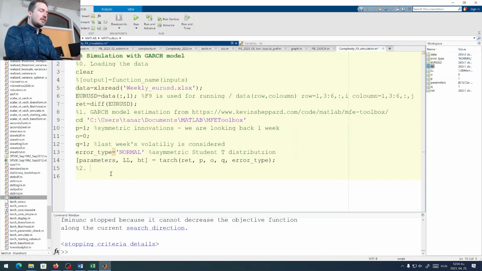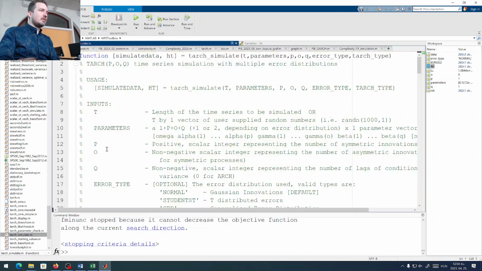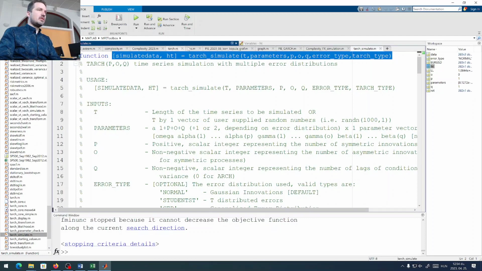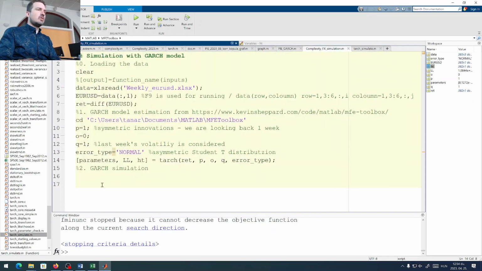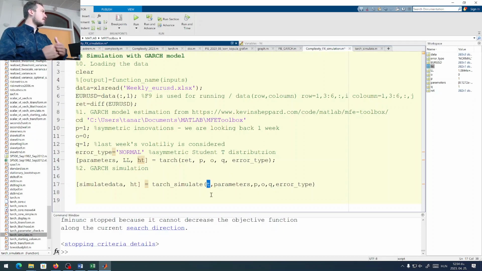Okay, so simulation. We already have the parameters, so now we just have to use the simulate function. Parameters P, O, Q, error type. We don't need to define the touch type because its default value is 2, as I remember. And we need a forecasting range.